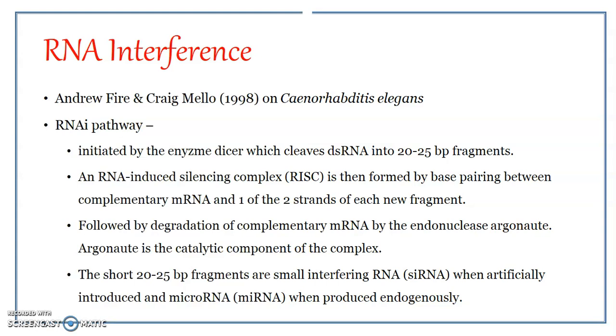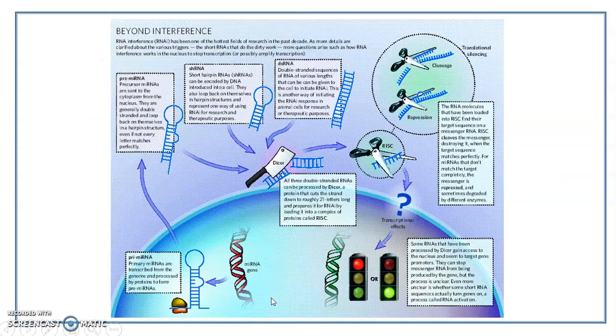Here you can see the protein machinery is the RNA induced silencing complex. The double-stranded RNA that is employed for the RNA interference could be siRNA, microRNA, or short hairpin RNA. So the double-stranded RNA induced RNA interference is what is referred to as RNA silencing.